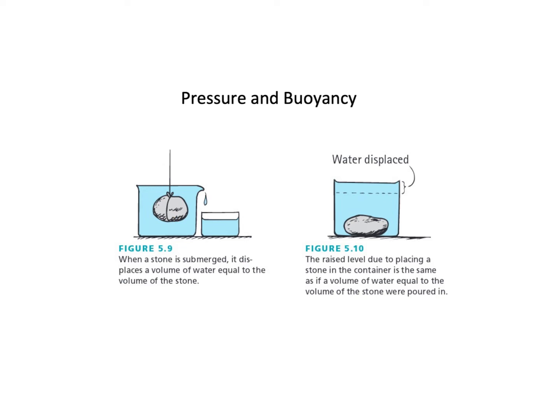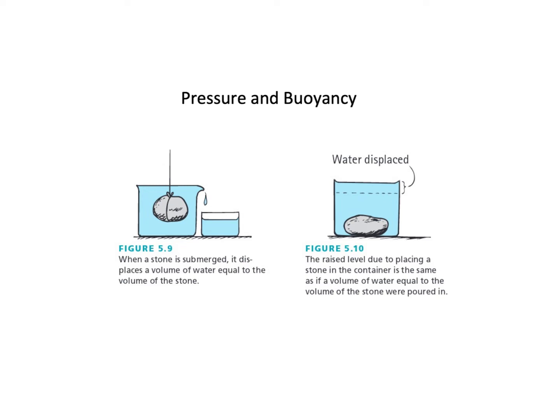And the trick is that the volume of the water pushed out would be equal to the volume of the stone, because we can see the water still up to the brim at the top. And so this is called water displacement. And again, the key idea is that when you submerge something in a fluid, it displaces a volume of the fluid equal to the volume of that object.